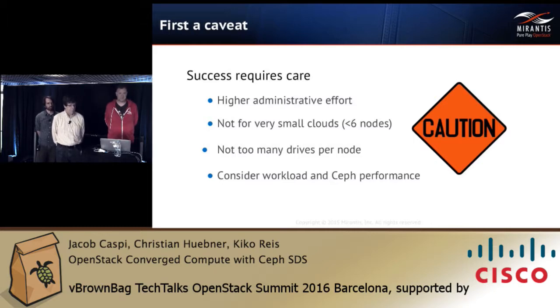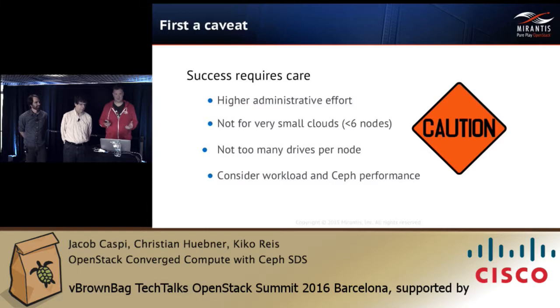As with everything, you have advantages and disadvantages. One of the disadvantages, of course, is that you have a higher administrative effort. If something breaks, you have to consider both the compute and the storage part to fix. In very small clouds, you will also have contention between the performance required to drive the disk drives and the performance required to drive your compute.